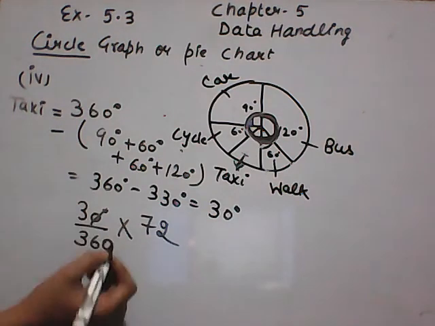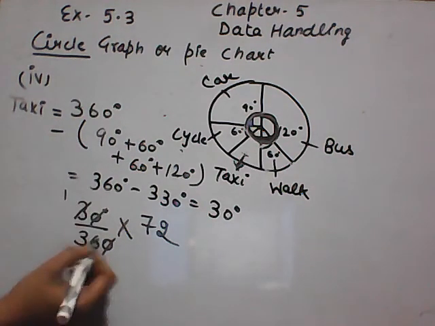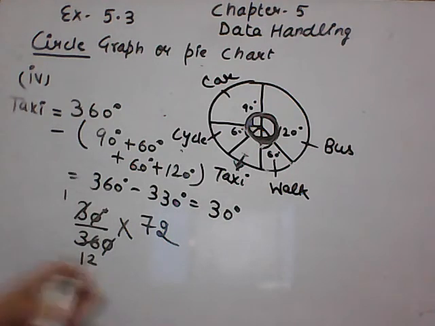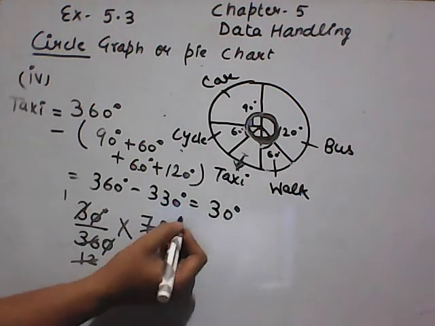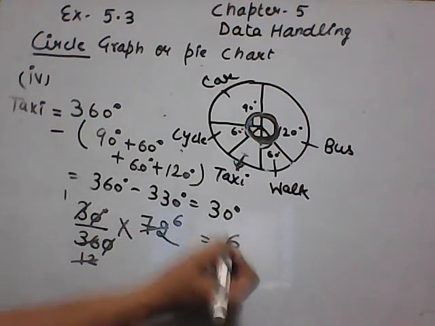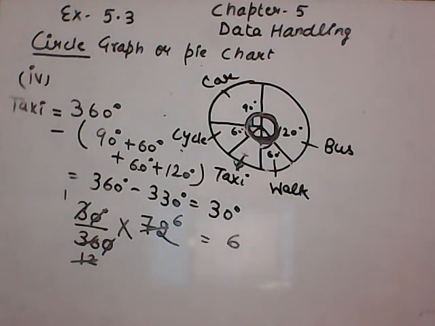Here 0 is cancelled out with 0. 3 ones are 3, 3 twos are 6, 12 sixes are 72. So 6 children use taxi to travel to school.